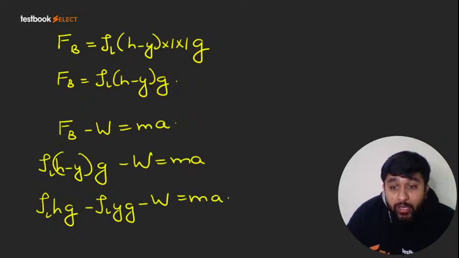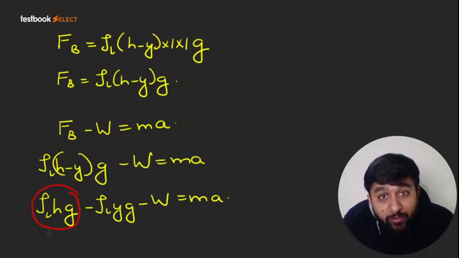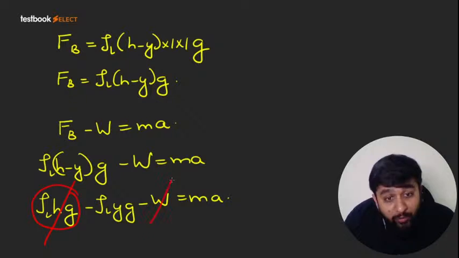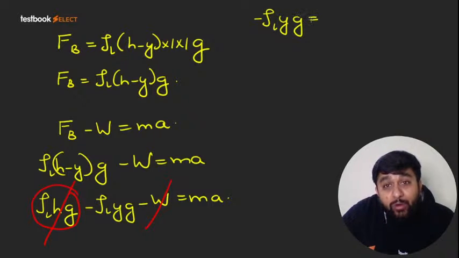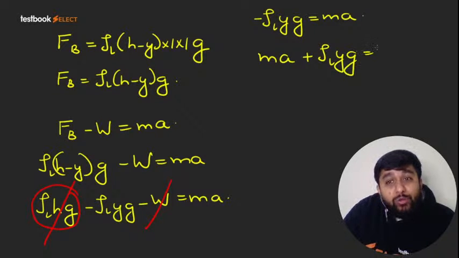But please note, in equilibrium condition, when the depth of the body inside water was h, the buoyant force was equal to the weight of the body, right? So what you are left with is minus density of liquid Y g equal to ma. And obviously you can write ma plus rho L Y g equal to 0.